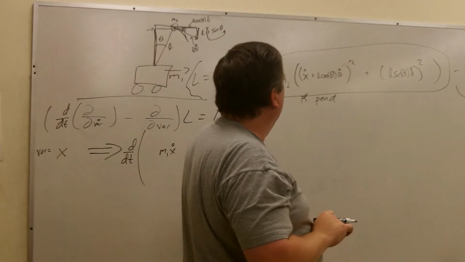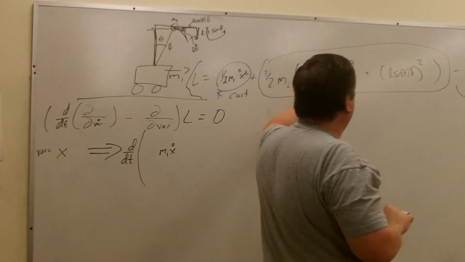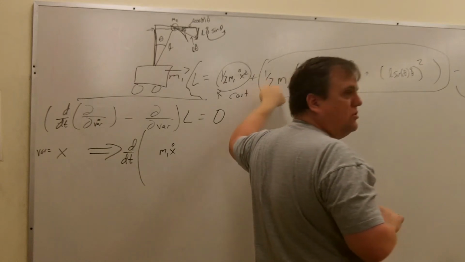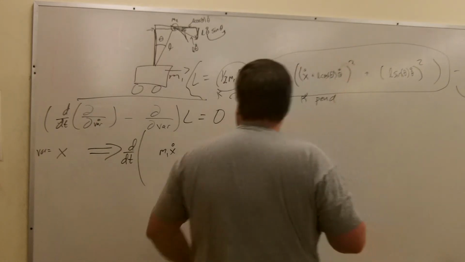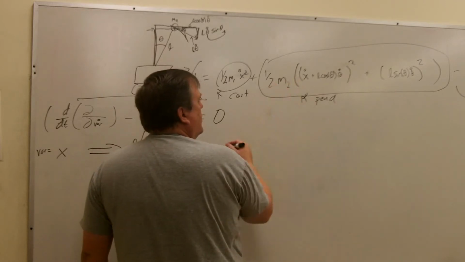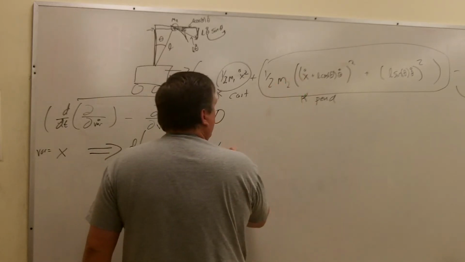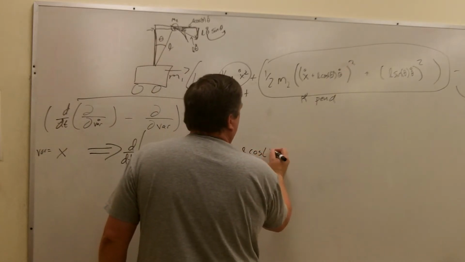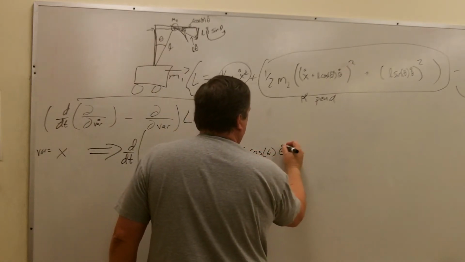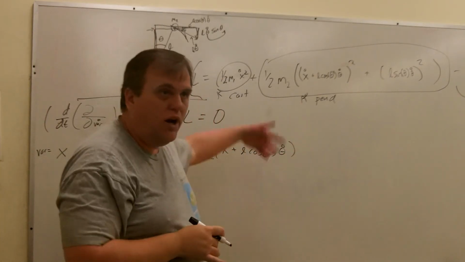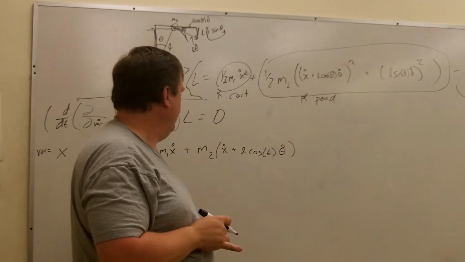So x dot's inside this. I'll get 2 times the constant outside, so I just get plus m2 times what was inside, x dot plus L cosine theta times theta dot, times the derivative of x dot with respect to x dot, which is just 1. So I just neglect it.